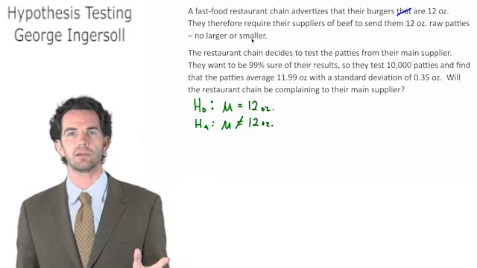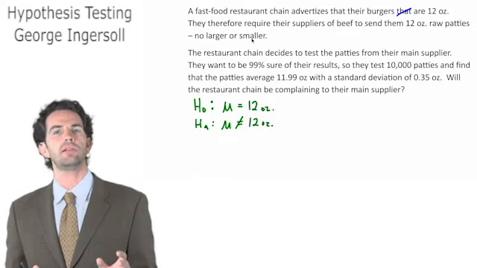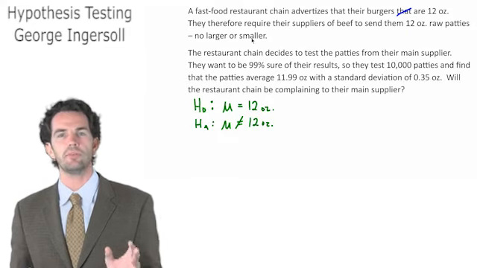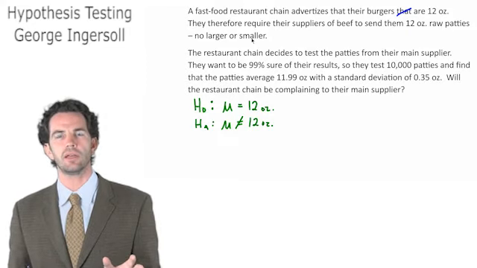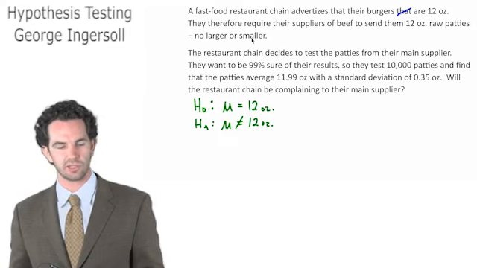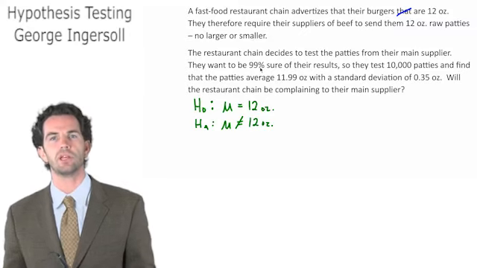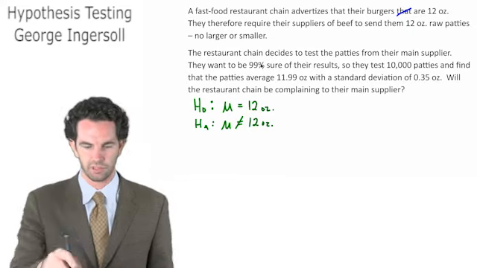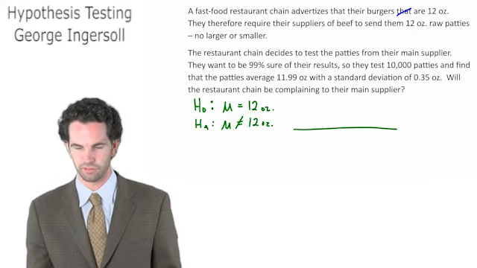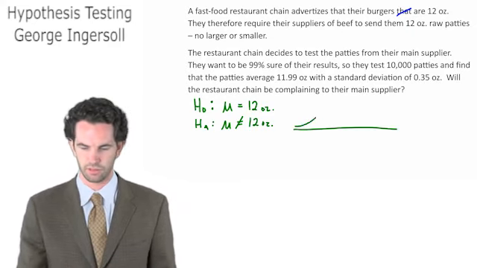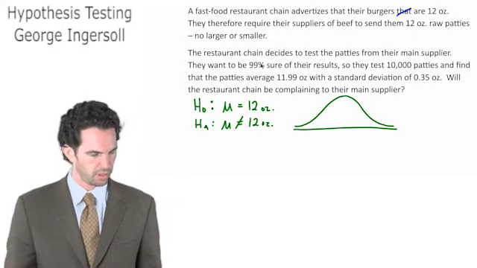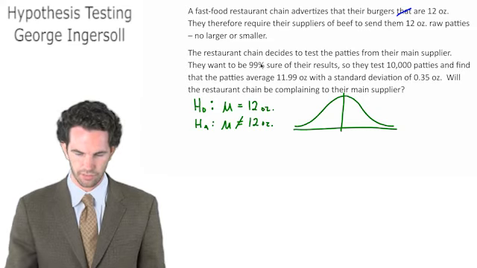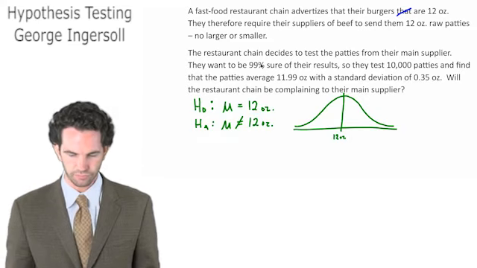Now here's how I like to do it. I like to figure out the number of standard deviations we can be away from the mean that would cause us to say, yeah, with 99% confidence, we will reject that null hypothesis. So let's take a look at this. I'm going to draw out a curve. And so our middle value is 12 ounces.